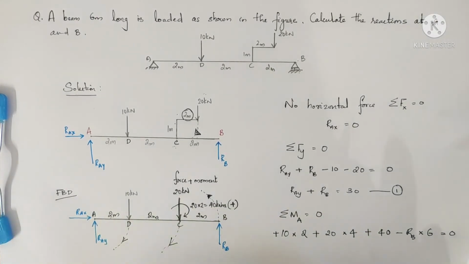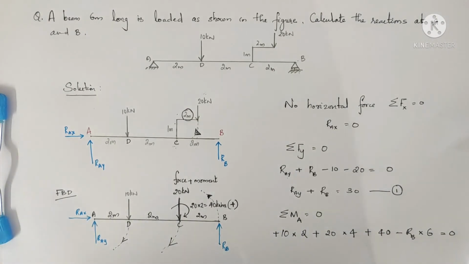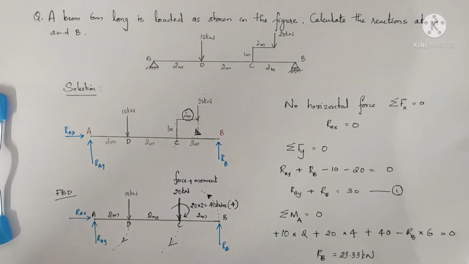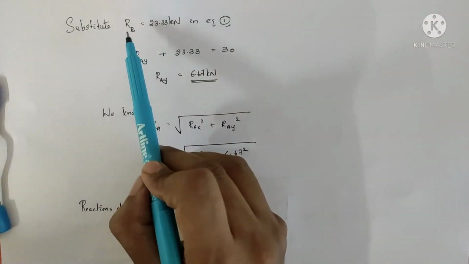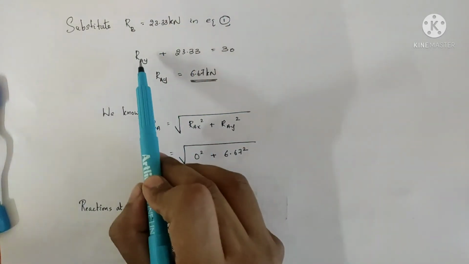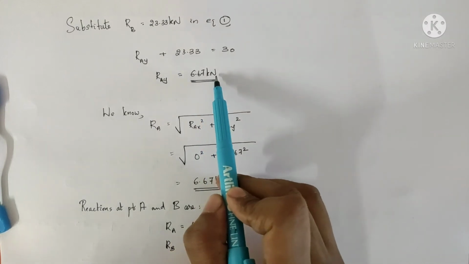From this equation RB is the only unknown, and we can calculate it. RB is equal to 23.33 kilonewton. We substitute this value for RB in equation 1 and find RAY. So RAY is equal to 6.67 kilonewton.